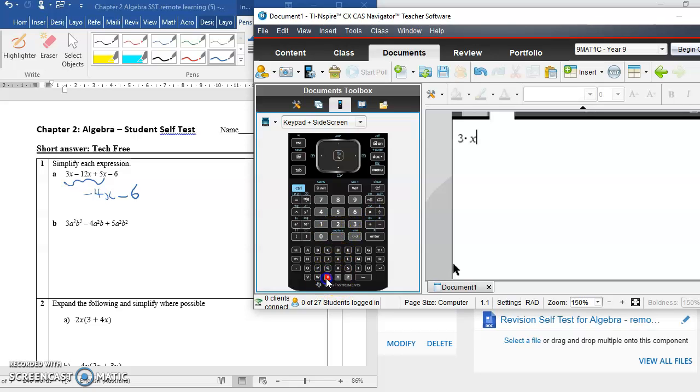That's times by x minus 12 times by x and plus 5x and minus 6. Press enter. Remember, to simplify, you press enter and you can then give yourself a tick.